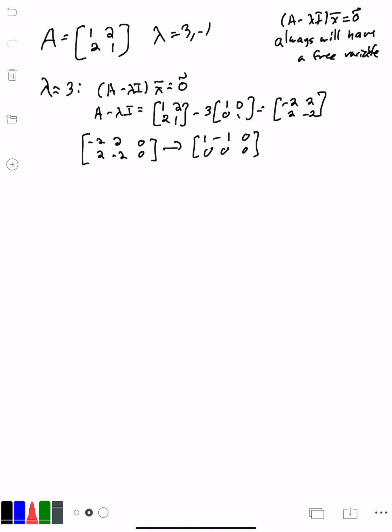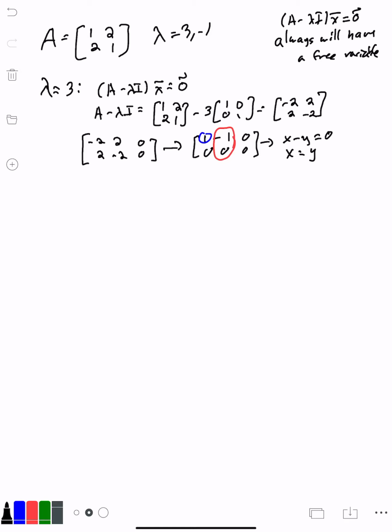And you see how we have our one pivot here, which leaves me my one free variable. If I were to write out the equation here, it would be x minus y is 0. So that means x equals y.